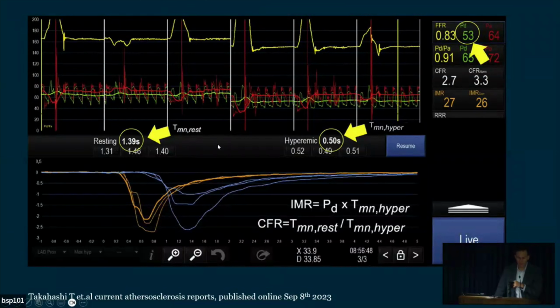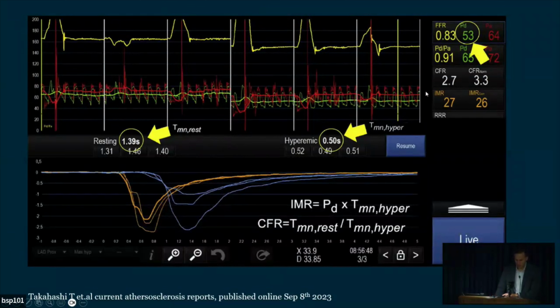We induce a hyperemic state, and in a normal hyperemic state the small blood vessels will dilate and allow increased flow. And then we measure transit time at rest and then at hyperemia, with the same technique.